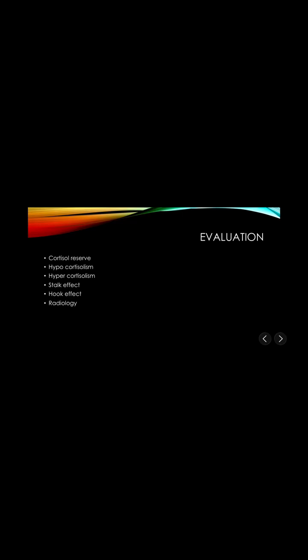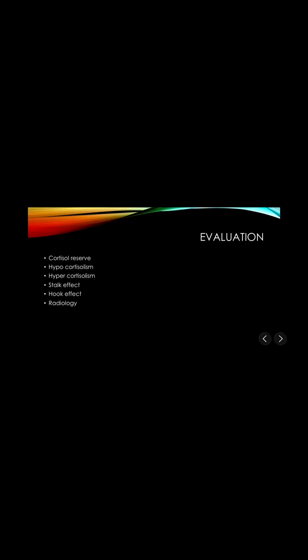So here they are going to depress the pituitary stalk. They are going to stop the stimulatory factors coming from the hypothalamus to the pituitary. So overall, the body will be depressed in ACTH and sometimes even TSH.